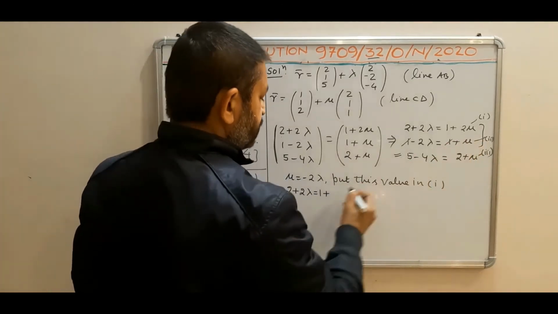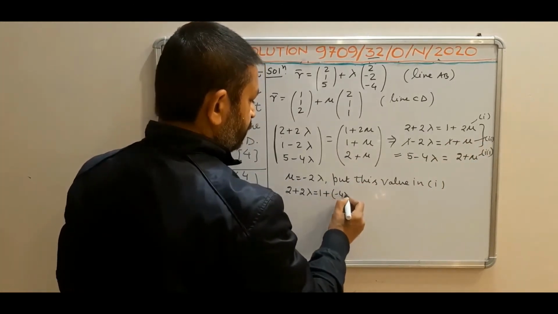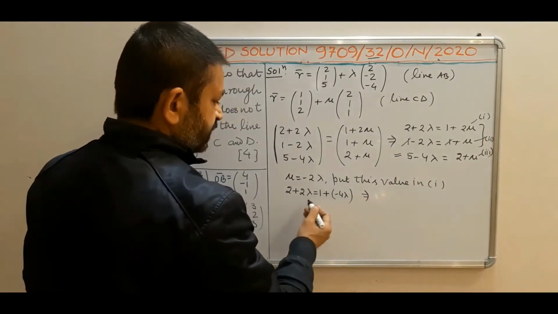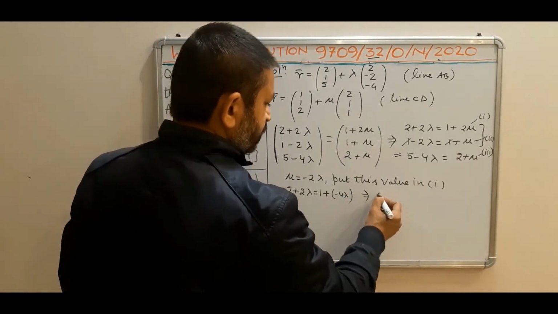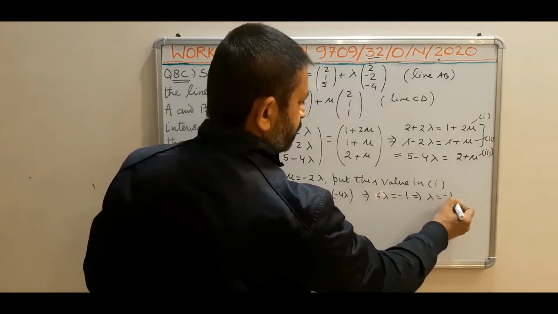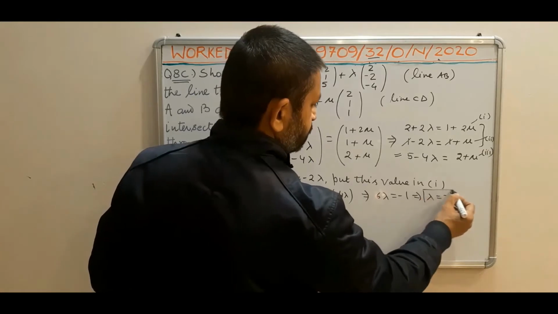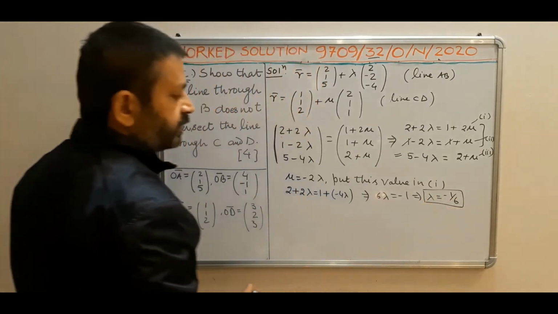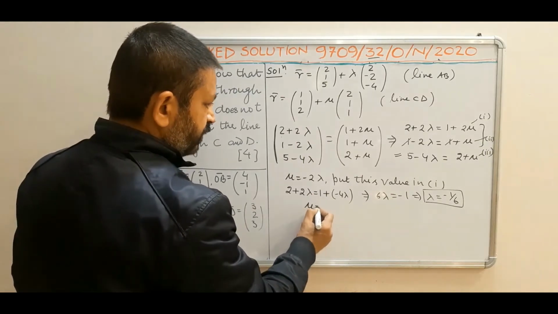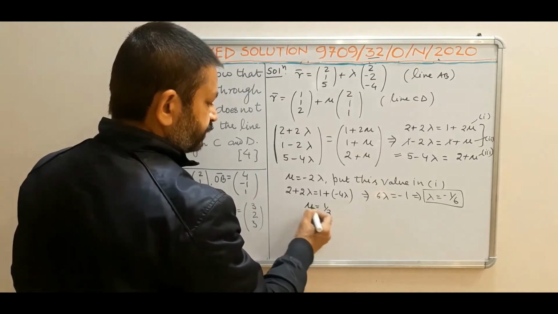So 2 into minus 2 lambda will become minus 4 lambda. It comes as 6 lambda is equal to minus 1. It means lambda is minus 1 upon 6. This is the value of lambda. And mu is minus 2 lambda, so mu will be 1 by 3.